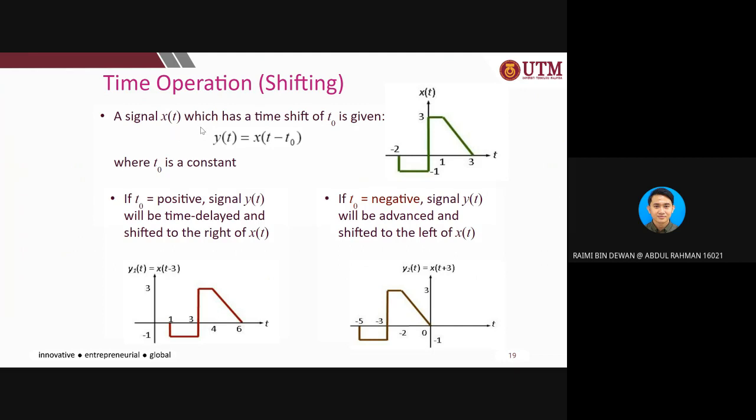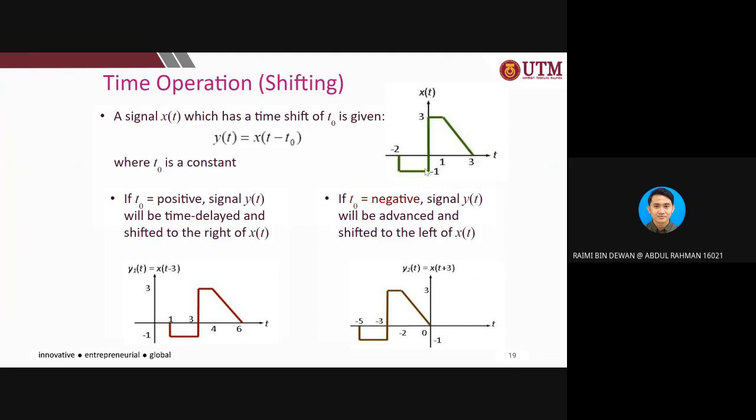A signal xt which has a time shift of t naught, t0, is given as yt equals xt minus t naught. Don't worry, I will show the demonstration later. Imagine you have this signal, where you have an amplitude of -1 at time 0, then at time 1 you have an amplitude of 3, and from t equals 1 until t equals 3 the signal is decreasing in amplitude.